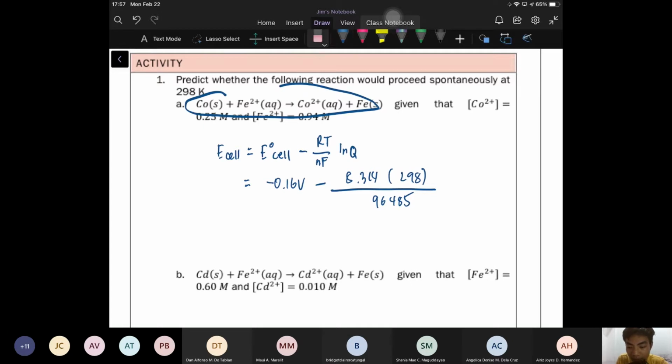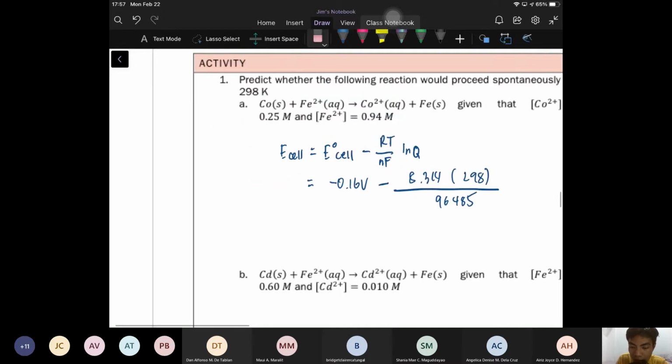Solve natin. So, split mo yan into 2. So, you have your cobalt 2+. You have your Fe2+ to Fe. Okay. Balance mo yan. On the top equation, 0 sa left, positive 2 sa right. So, you need 2 electrons.